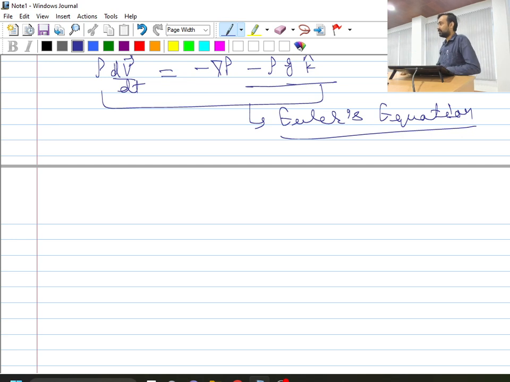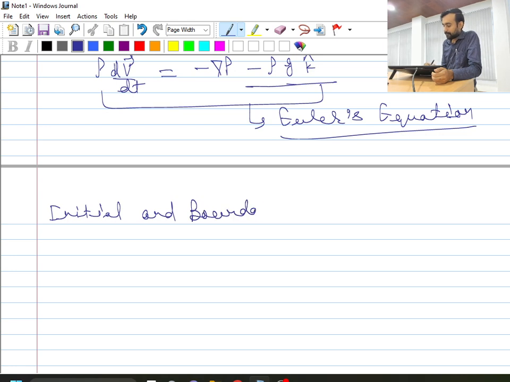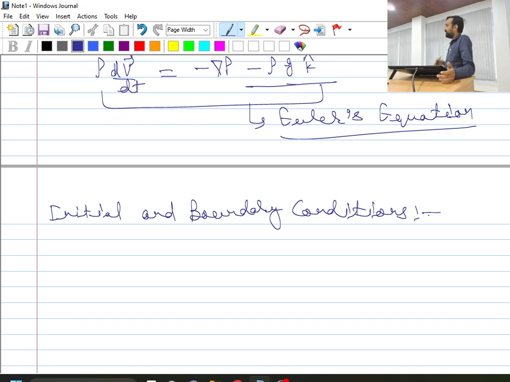You give some conditions, then only are you able to find the exact solution. Otherwise your solution will be in terms of arbitrary constants. To determine the exact value of these constants, you have to supply boundary and initial conditions. So typically we have to supply the initial and boundary conditions if we have to find the exact solution of these equations.